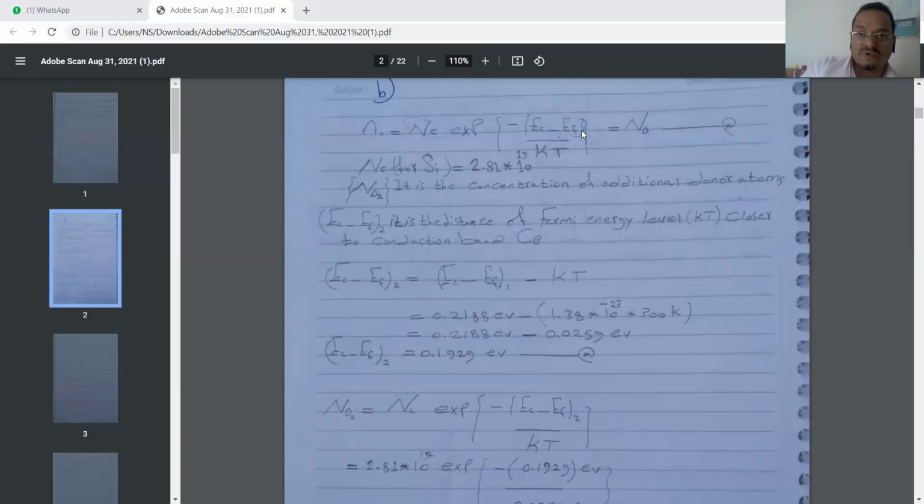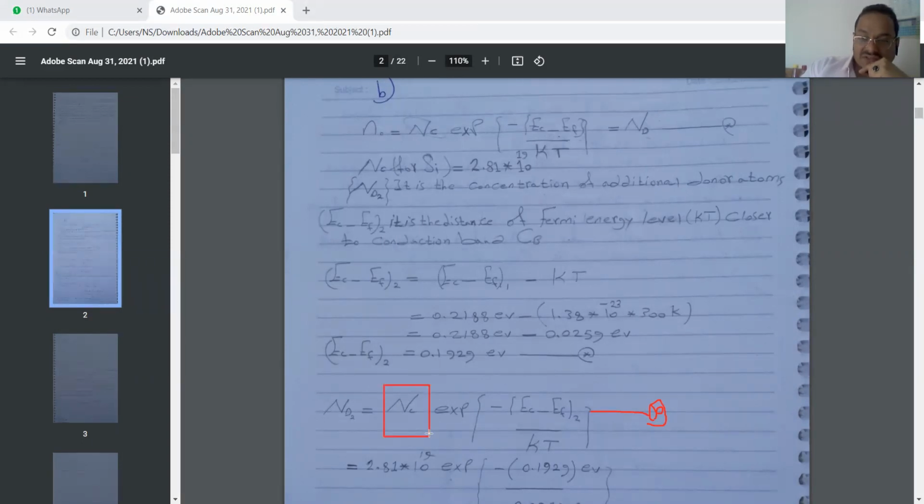Here, let me use the pencil again. This will be important to us. We can start from it. Okay, now NC is something like a constant.